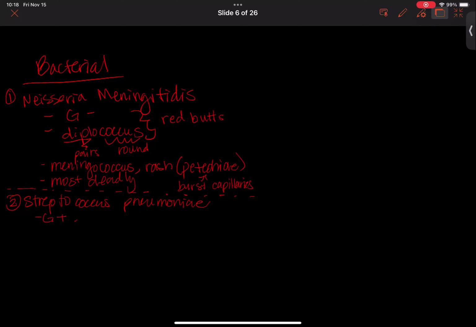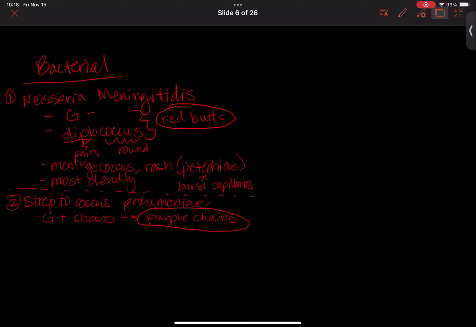And we know it's a coccus, it's round, it has it in the name. We know it's strepto, so it's chains. So chains of round cells. So I'll put gram positive chains of round cells. So on this one, we're going to have purple chains in our gram stain.